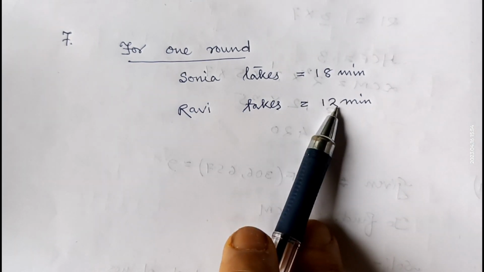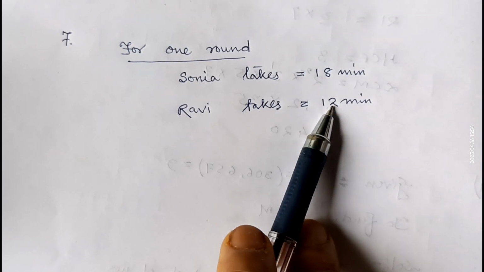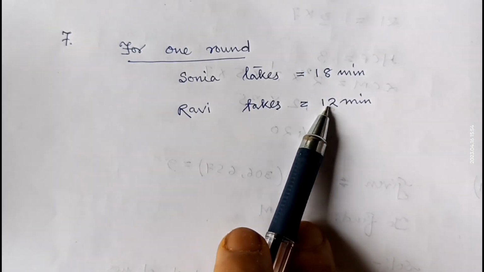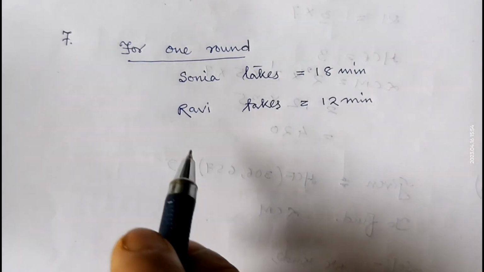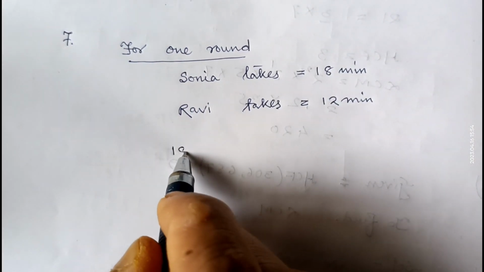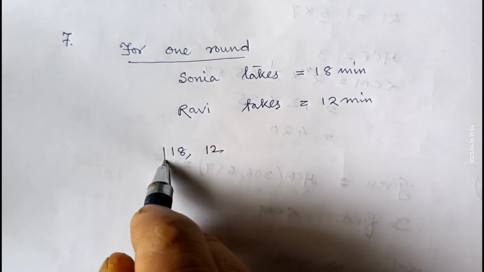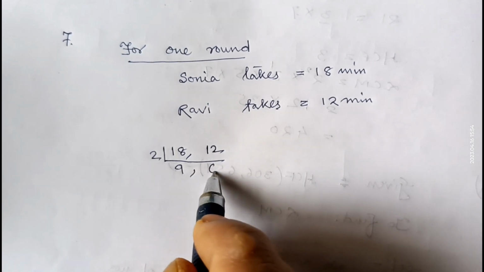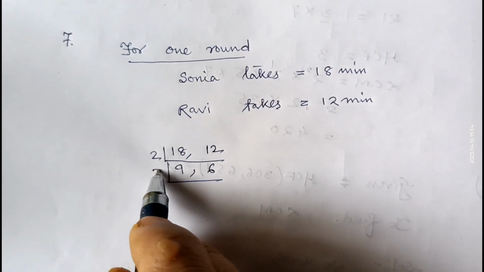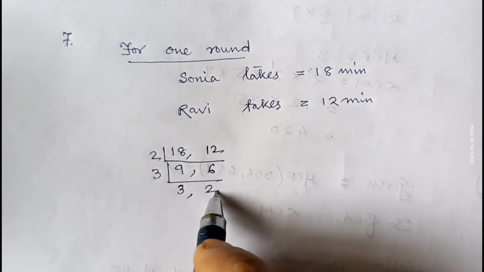For this we have to find the common multiples, and after finding the common multiples, we have to find the lowest one. So we have to calculate the LCM to find the time. So here LCM of 18 and 12, if you go for the division method, 2 9 ja 18, 2 6 ja 12. Now 3 3 ja 9, 3 2 ja 6.